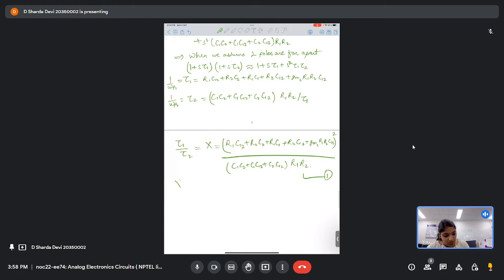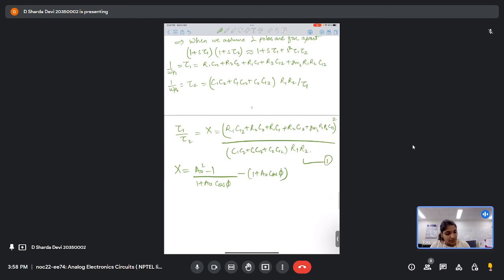Now we also know that x is equal to the formula that we used earlier: a naught square minus 1, over 1 plus a naught cos phi, minus 1 plus a naught cos phi. So from here, the phase margin phi has been given to be 75 degrees.